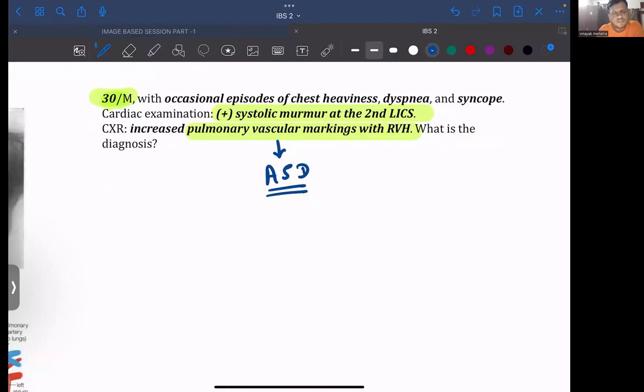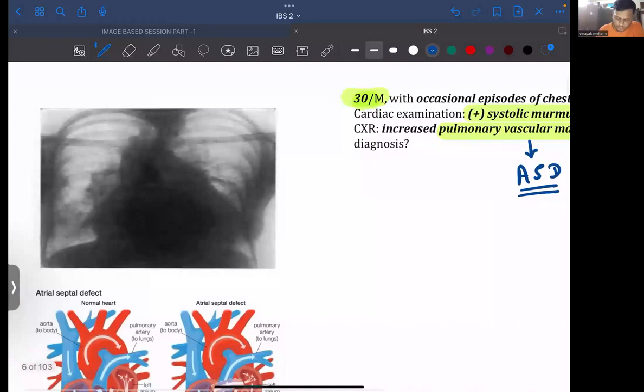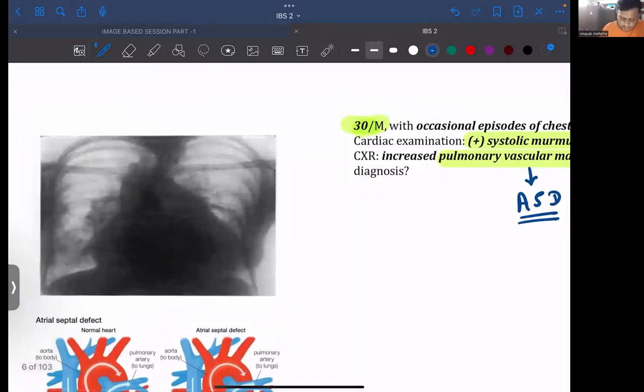Systolic murmur with increase in pulmonary vascular markings is called the great hilar dance. You would have heard this term, hilar dance, on fluoroscopy. This is not an X-ray. On fluoroscopy, it is just the image, and what you will see is a video.